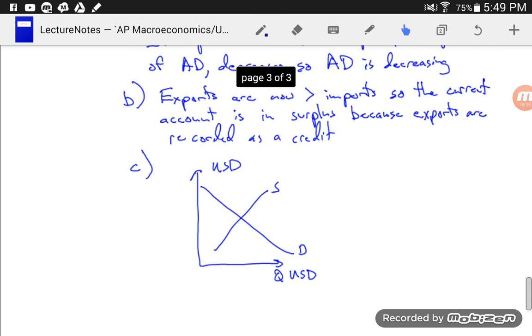How many pesos does it cost per U.S. dollar? Let me try that again. There we go. And we have an initial exchange rate. We'll just call that E0.